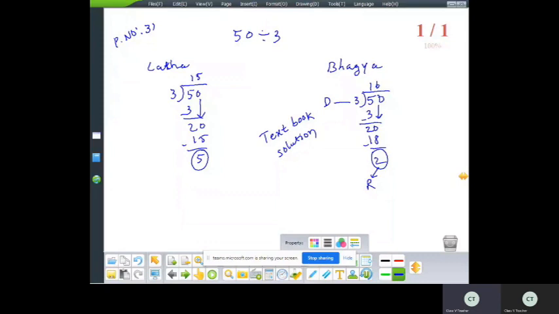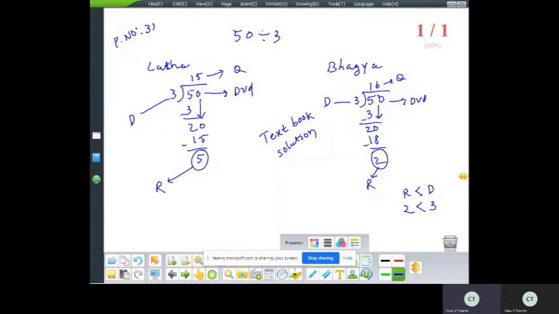Divisor, dividend and quotient. Our condition: remainder is always less than divisor. 2 is less than 3. And here, divisor 3, remainder 5, quotient and dividend.